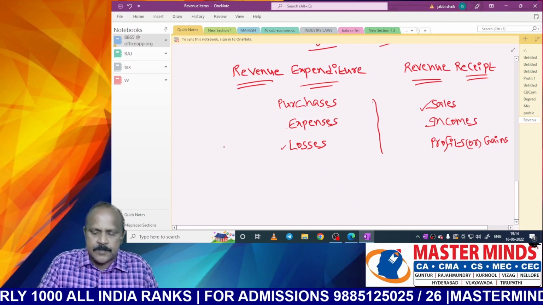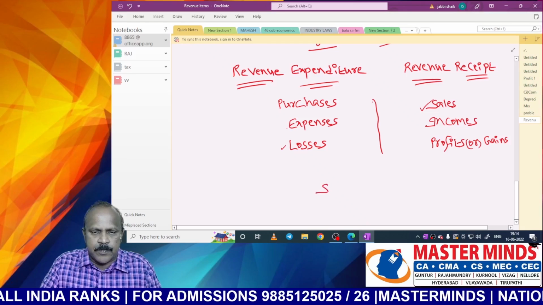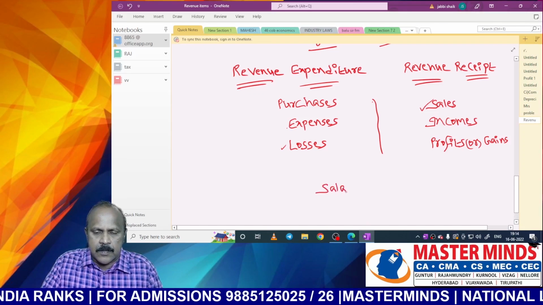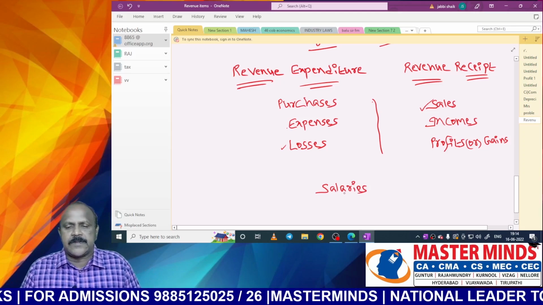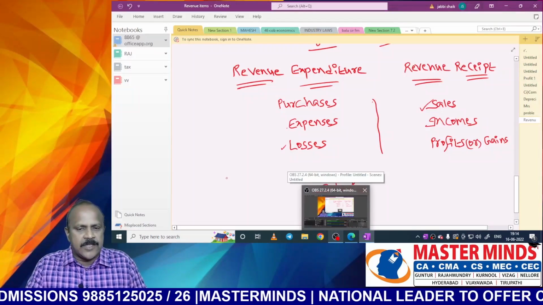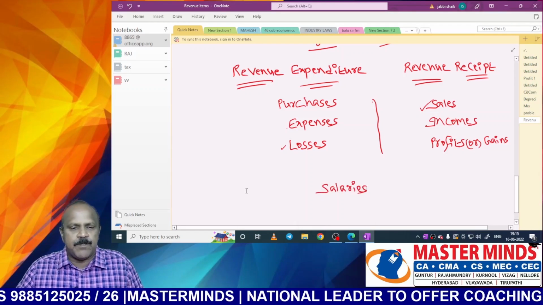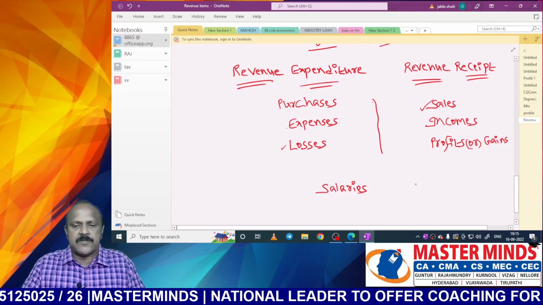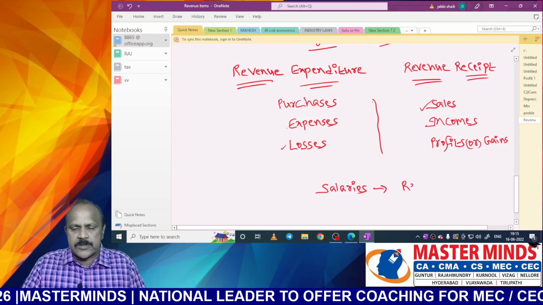Now, if an item is given like this, salaries. Salaries is an expense, a revenue item. In case of an expense, we pay. So it is called revenue expenditure.